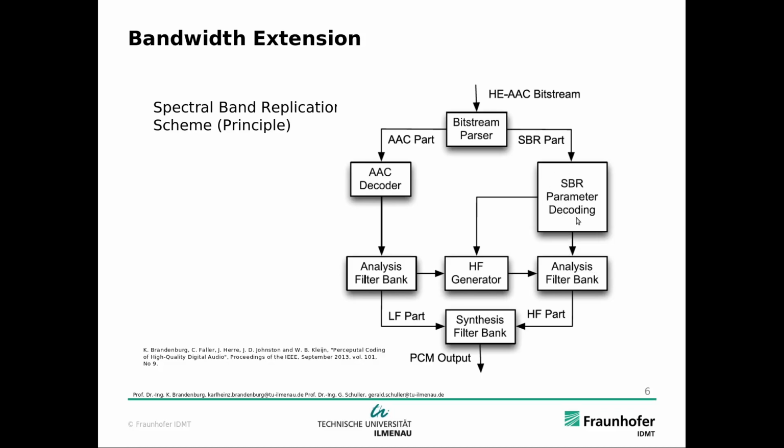And then here the SBR parameter decoder is using the information coming from the encoder to accordingly shape the subbands at the high frequencies. And after shaping, this is simply added to the complete spectrum of our audio signal and together synthesized in this synthesis filter bank.